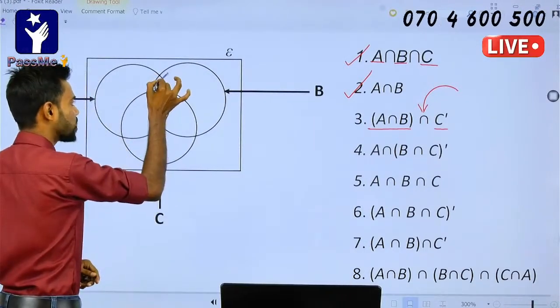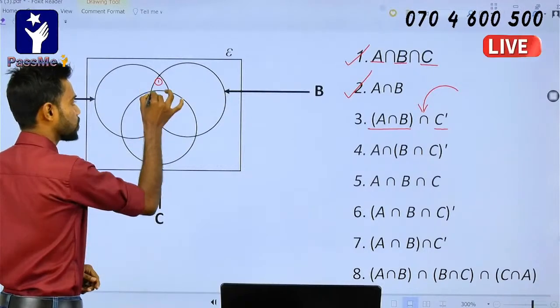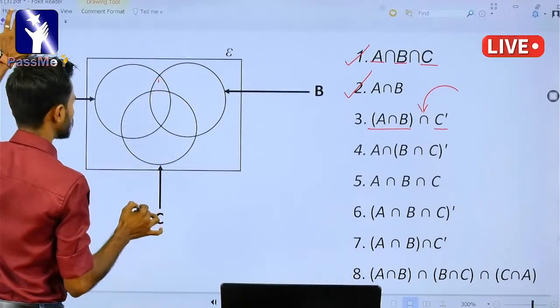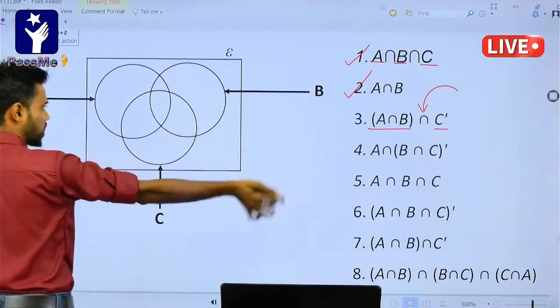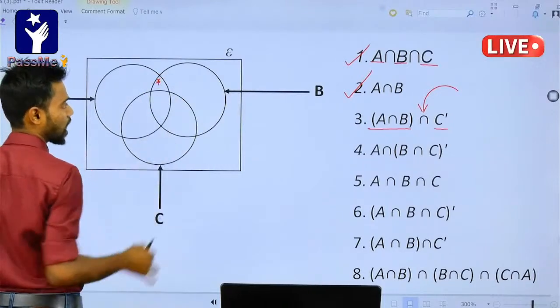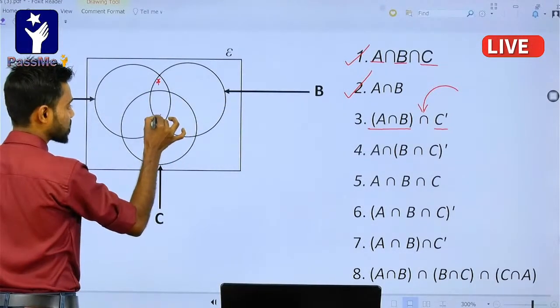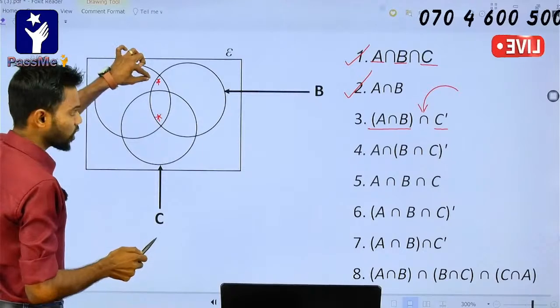Instead of that, I put number 1, number 2, not like I did in today's questions. I put a star mark, 1 star, another star. What do you mean by this star?